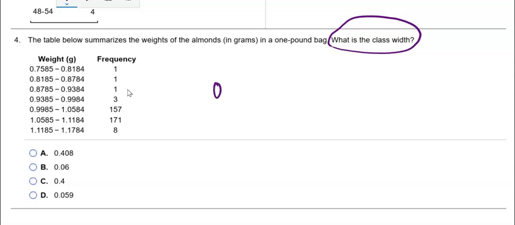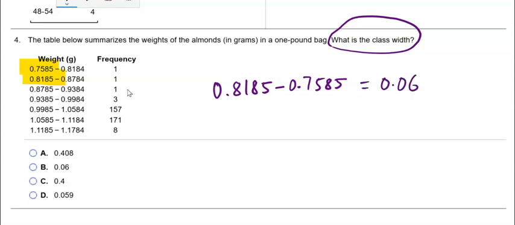Let's see, 0.8185 minus 0.7585, or you subtract this and this, so you get 0.06. That's the class width. Okay.